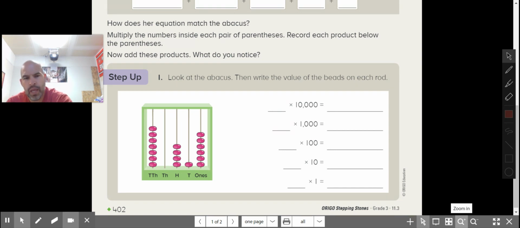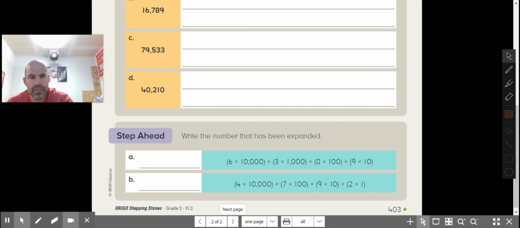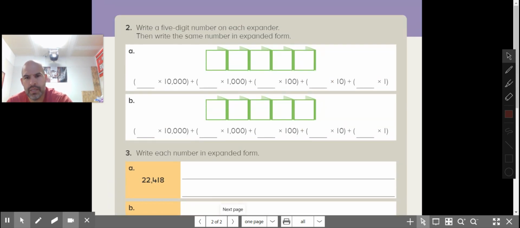So you're going to go through there, write the value of each bead, and then you're going to multiply and write the product of each of those multiplication equations, okay?